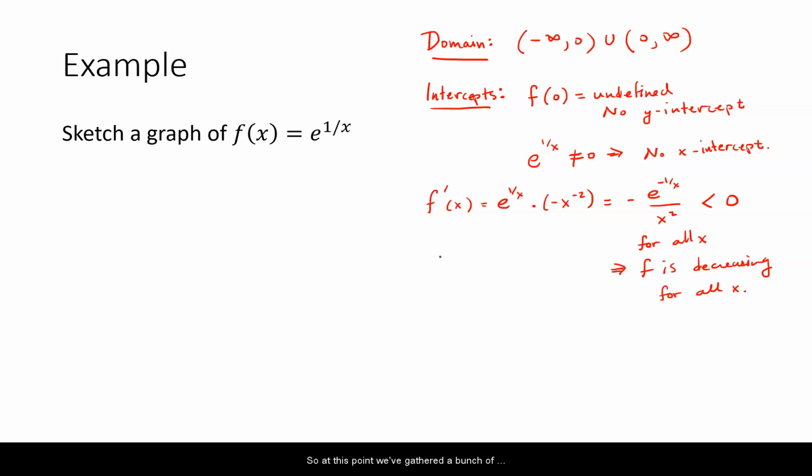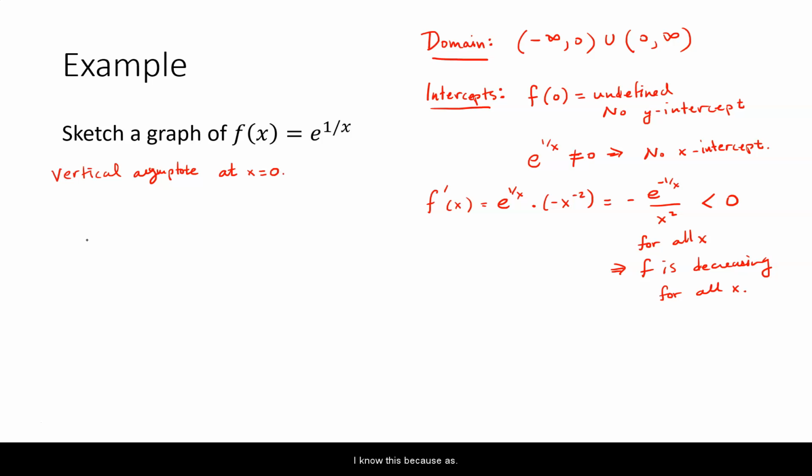So at this point, we've gathered a bunch of information, but it's perhaps a little bit difficult to think about where the function is able to be graphed. Well, one other thing we can consider are any vertical or horizontal asymptotes. For instance, I noticed that it will have a vertical asymptote at x equals 0.